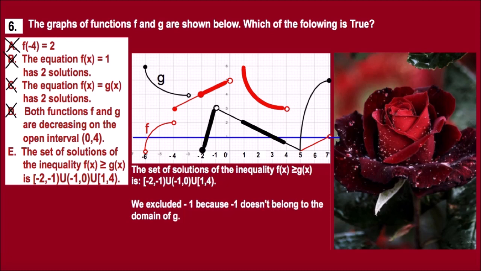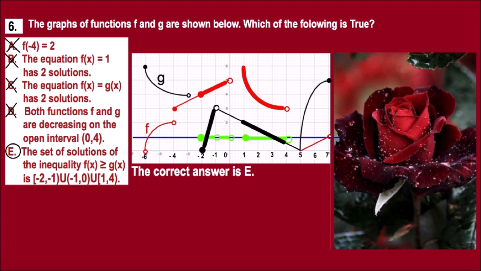We excluded -1 because -1 doesn't belong to the domain of g. We included 1 because 1 belongs to both domains, and f of 1 is greater or equal to g of 1. We excluded 4 because 4 doesn't belong to the domain of f. The correct answer is E.